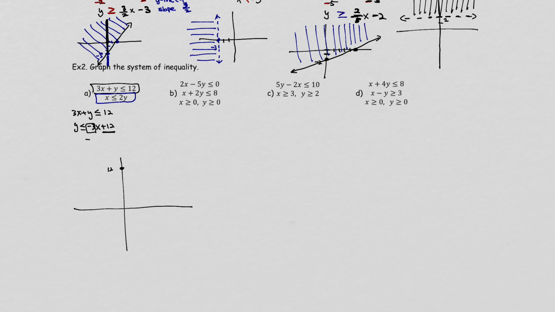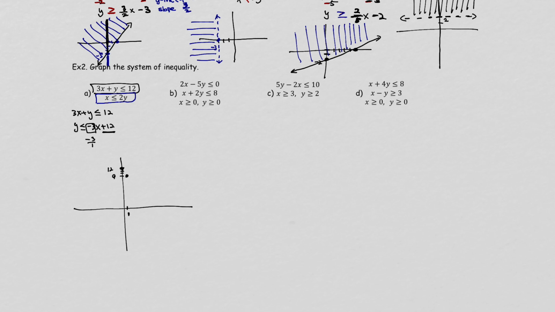Negative 3 means you have negative 3 over 1. So a negative numerator means go down 3. Just go down 3 and move right 1. So we'll be right there, so that will be 1 and 9.